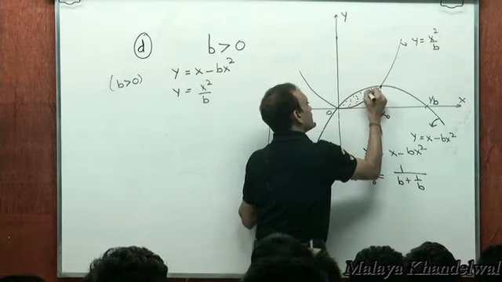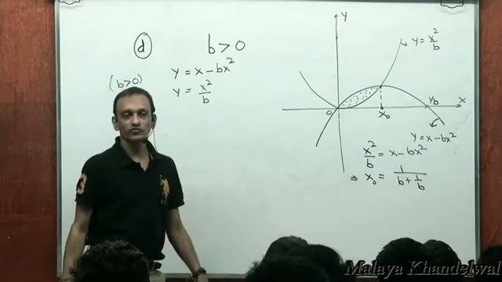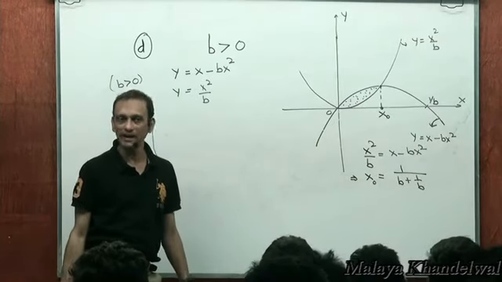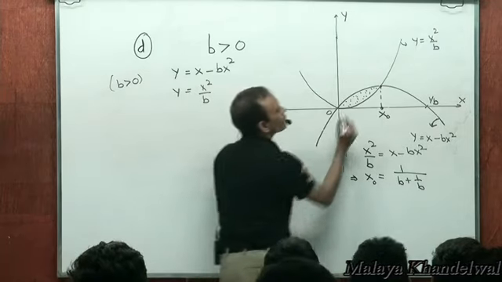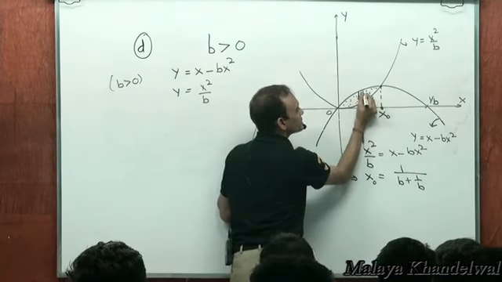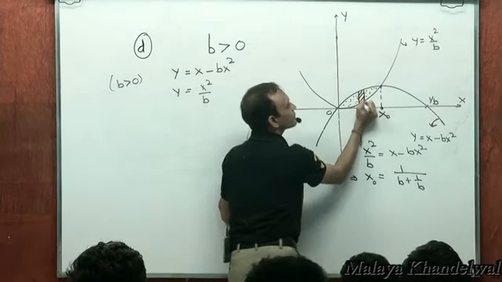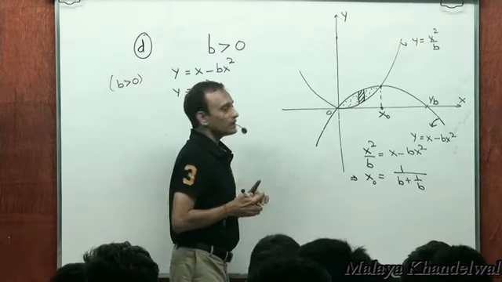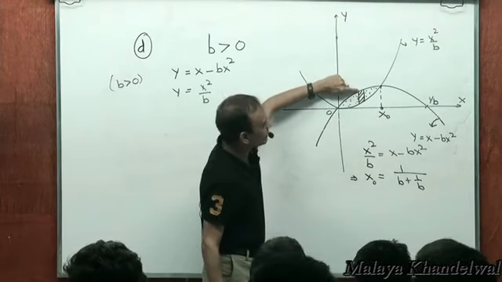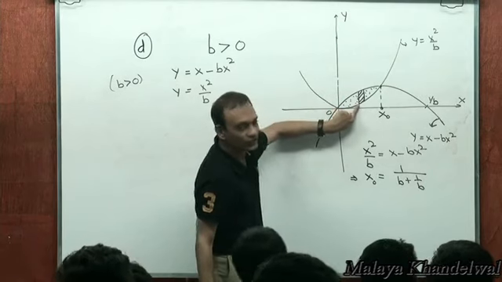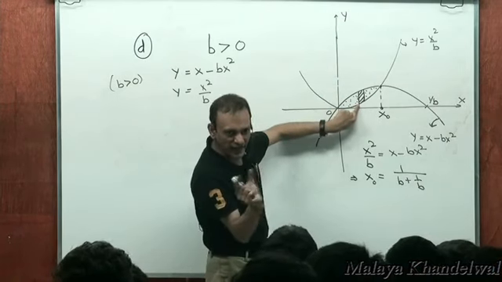Now we want to find b such that this area is the maximum it could be. We want to maximize this area. So how would you do it? You would select vertical strips of this kind. The length of the strip would be y of the upper parabola minus y of the lower parabola into dx.